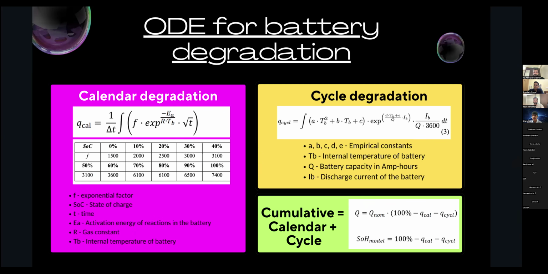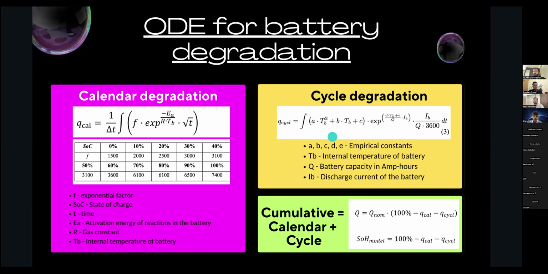Now let's discuss cycle degradation. This looks confusing, even more confusing than the first equation. But what I learned is, when you learn what each of the terms are, it's pretty intuitive. So A, B, C, D, and E are all empirical constants, which means they are for the specific type of battery that the paper we got this from was testing on.